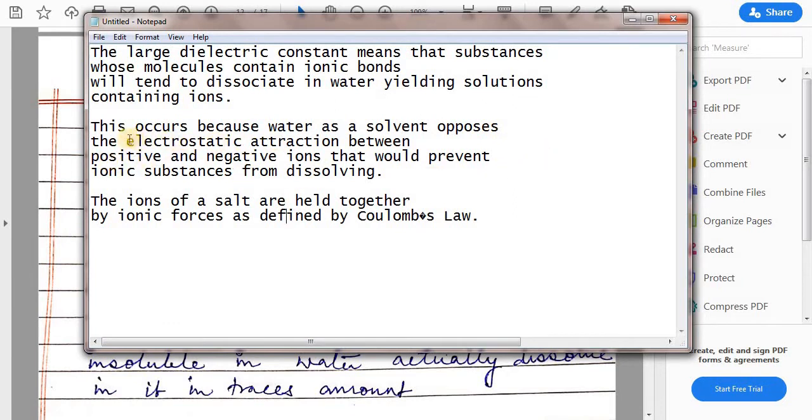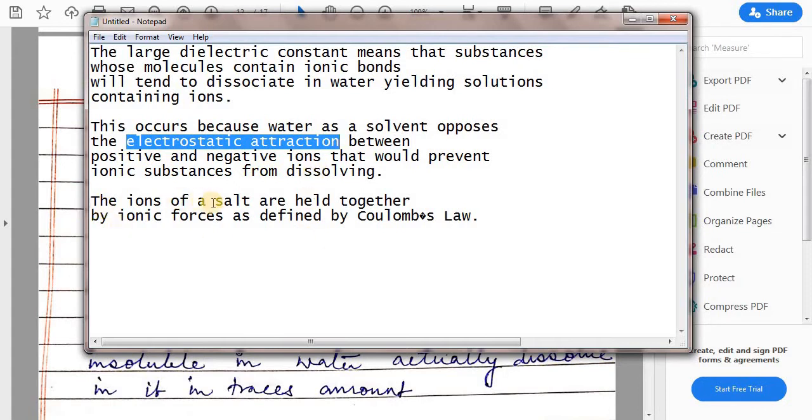This electrostatic attraction is the attraction between the ions, also called the ionic attraction, between positive and negative ions, like sodium and chloride ions, that would prevent ionic substances from dissolving.